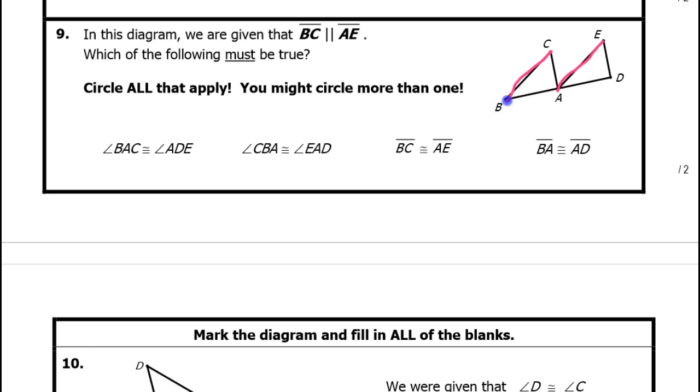So for one thing, if we draw this line going across them, it forms kind of a sideways F. These are corresponding angles. So we know that these angles in the corner will be congruent. So that is angle CBA, which I see right here, and angle EAD, which I see right here. All right, so this is definitely going to be true.